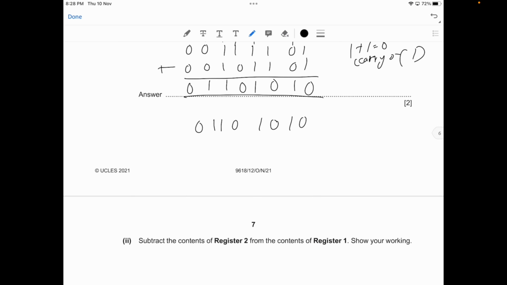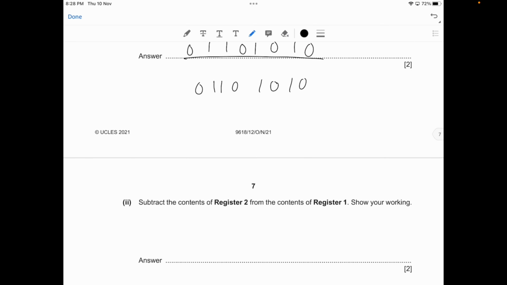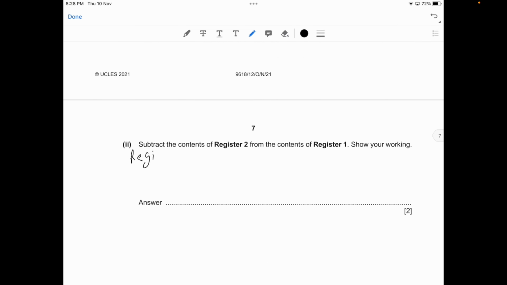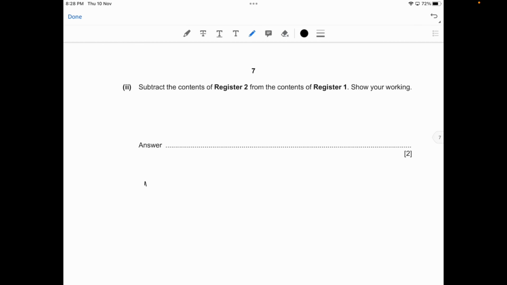So what I'm going to do is I'm just going to write down what register 1 and register 2 values are going to be stored. I'm just going to do the working here so that we can see it better. So this is register 1.